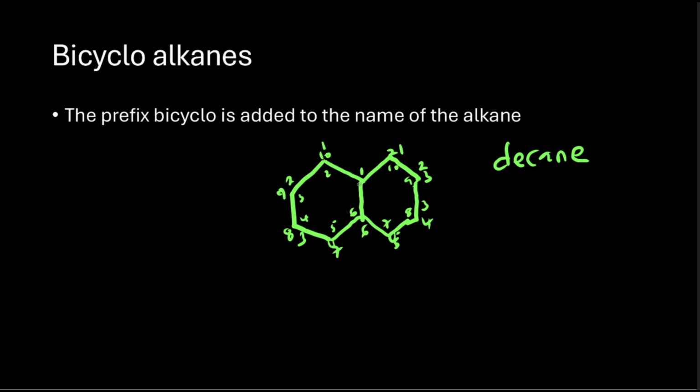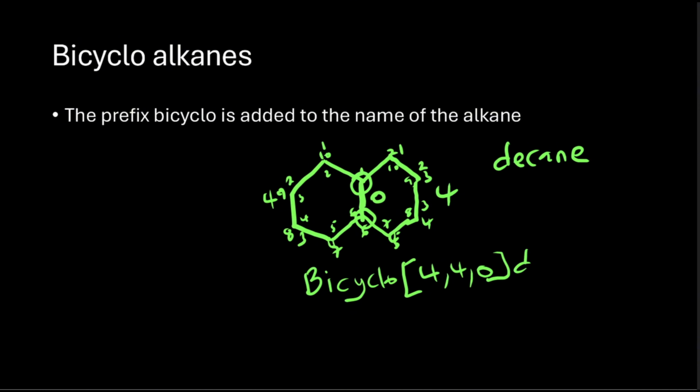Then we come to the bridge. So on the bridge, without counting the carbon atoms at the bridge, we have no carbon atoms on the bridge. So therefore, the number of carbon atoms on the bridge is equal to 0. And then we have 4 here. We have 4 here. So the name of this bicycloalkane can be written as bicyclo and then into brackets 4, 4, 0, decane.